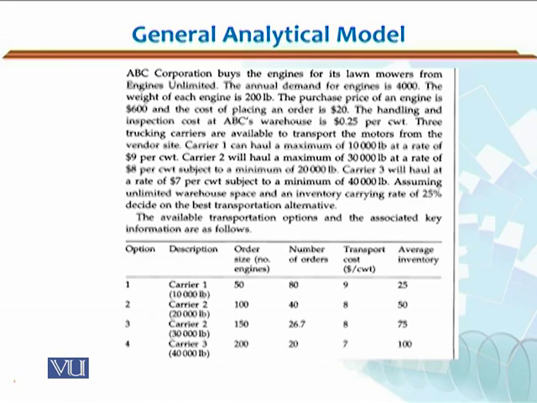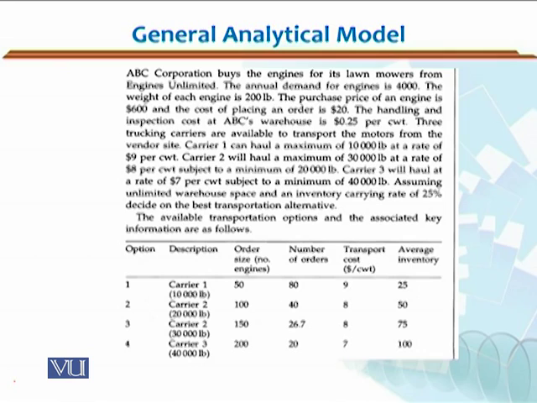Carrier 1 can haul a maximum of 10,000 lb at a rate of $9 per CWT. Carrier 2 will haul a maximum of 30,000 lb at a rate of $8 per CWT, subject to a minimum of 20,000 lbs.